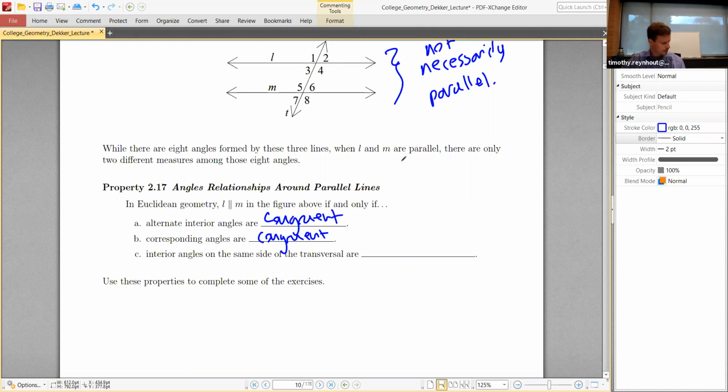These are actually supplementary angles. Excellent. And that is about it for this section.